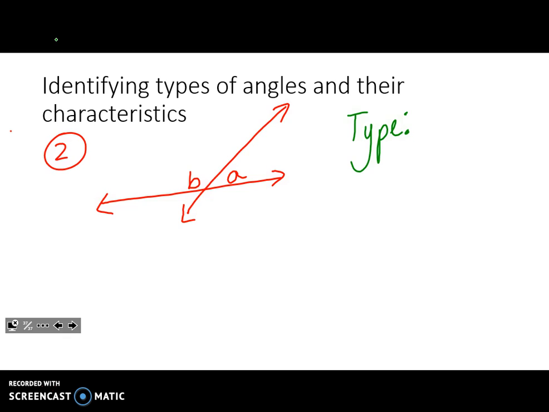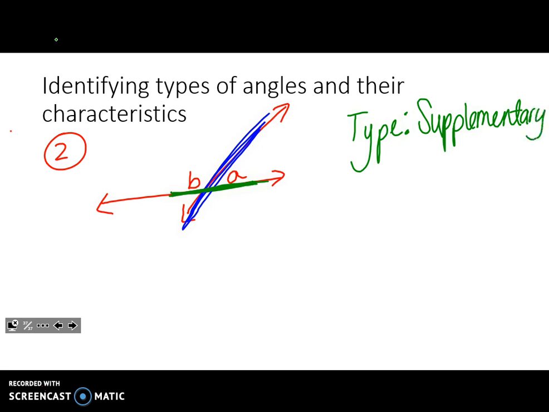I always draw right along where I see the letters to see if they possibly sit on the same line. Now, they don't sit on this line together, because they have to be on the same side. Notice they're not on the same side. But they do sit on this green line together. So that would be a supplementary angle.